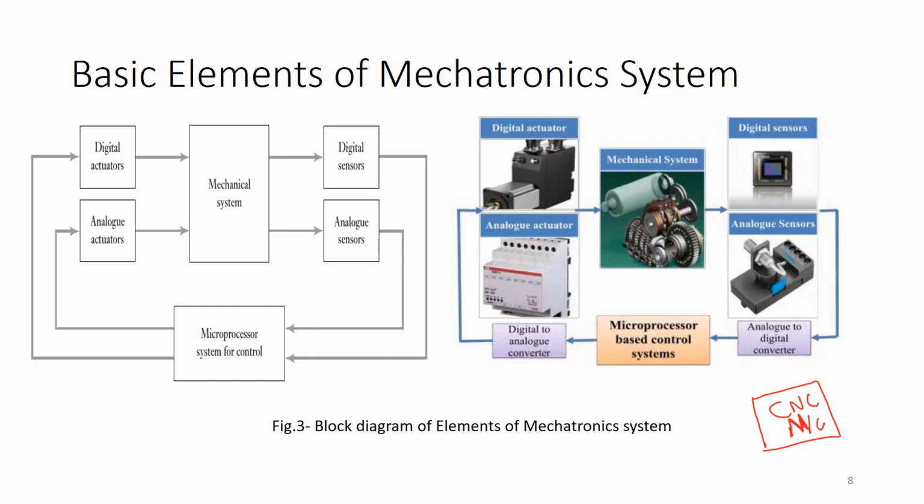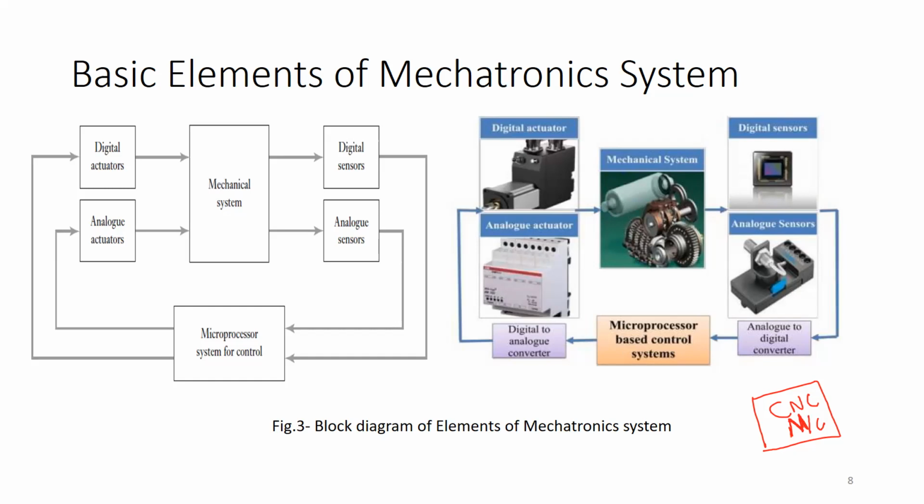Suppose your data is in analog form, say 10 millimeter distance has been moved. You need to convert that 10 millimeter to 0101 form, digital form, and that data is fed to the microprocessor. For converting from analog to digital form, there is an analog to digital converter attached in between.